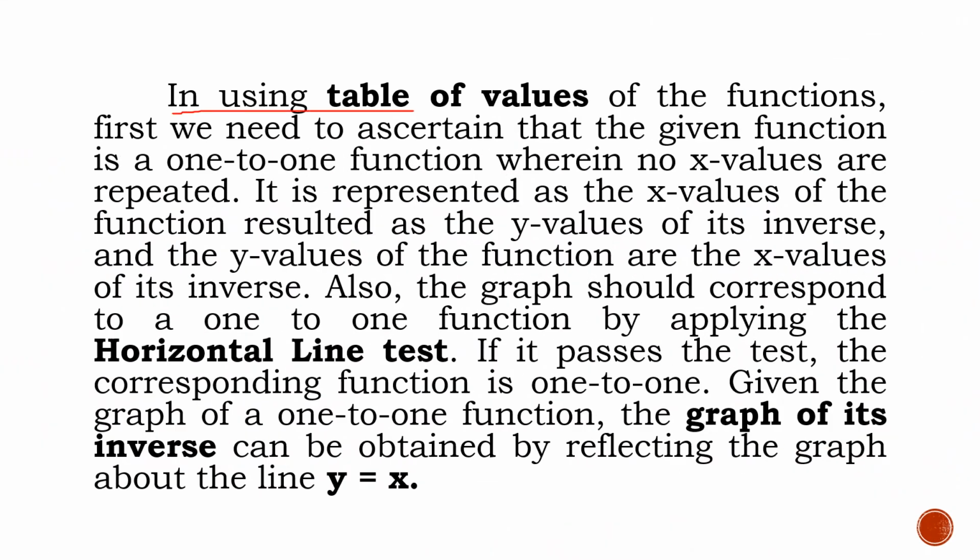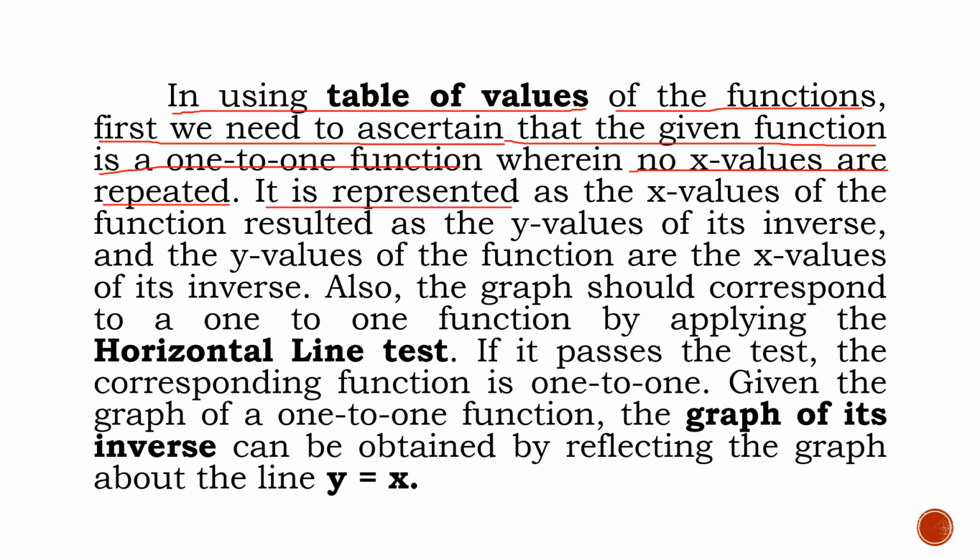So in using a table of values of the functions, first we need to ascertain that the given function is a one-to-one function, wherein no x values are repeated. It's the same thing with your y values: there is no repetition in your y values.